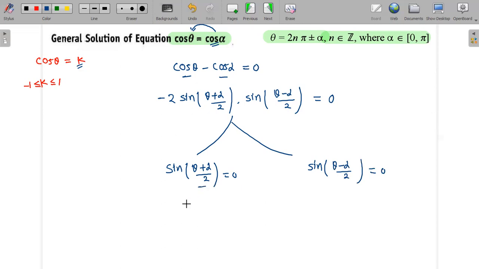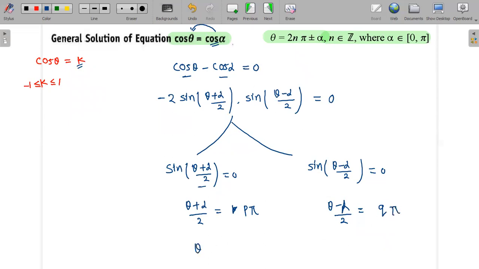For sine of (theta plus alpha) by 2, you should have (theta plus alpha) by 2 equals some k pi, or let me use some other symbol this time, p times pi. Similarly, for (theta minus alpha) by 2, let me choose another symbol, q pi.